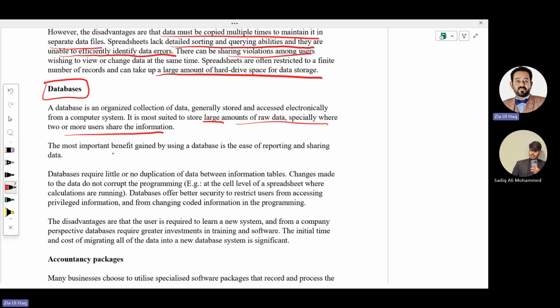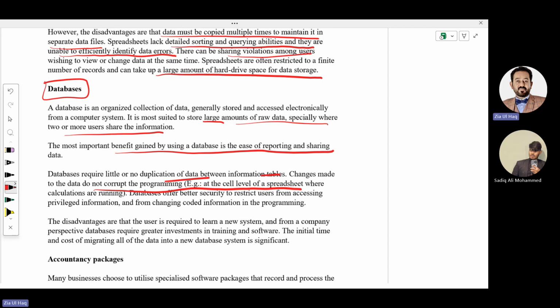The most important benefit gained by using a database is the ease of reporting and sharing data. And a database requires little or no duplication of data between information tables. It means in one computer, you can store data and share with others. Changes made to the data do not corrupt the program. For example, all the cell levels of a spreadsheet where calculations are running.